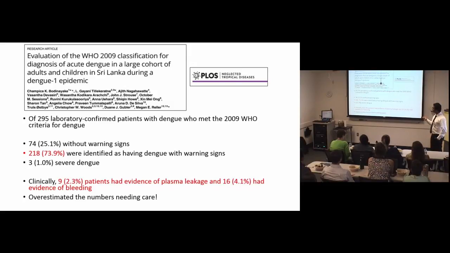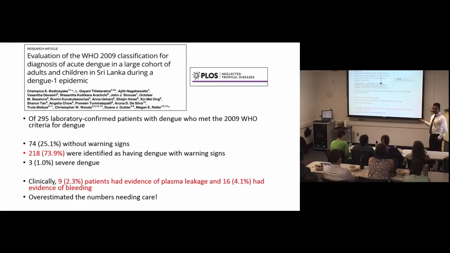Out of the 300 laboratory confirmed dengue patients, most met the diagnostic criteria of 2009, and 74 or 25% had no warning signs, and 73% were categorized into these warning signs, which is the bad area of dengue that we should be very vigilant about in our management.